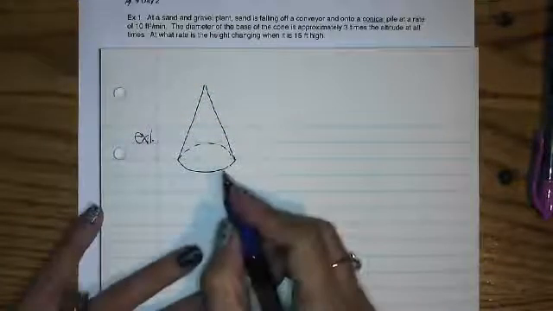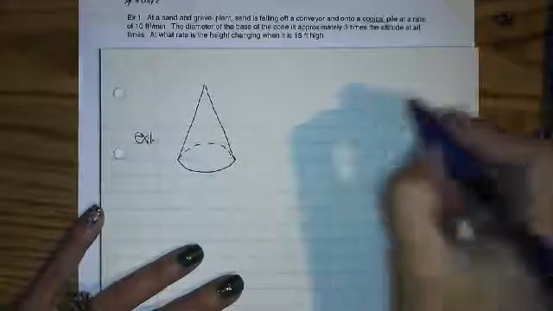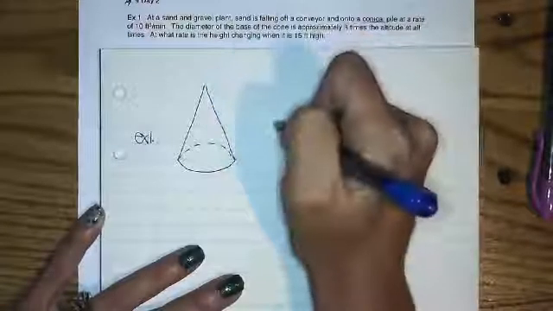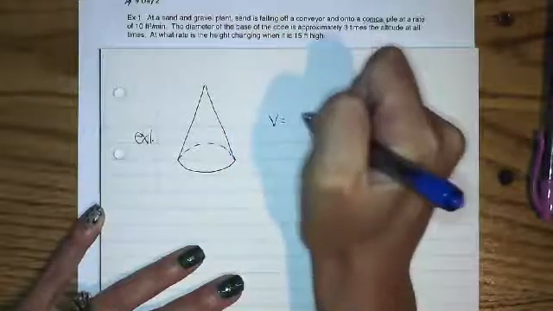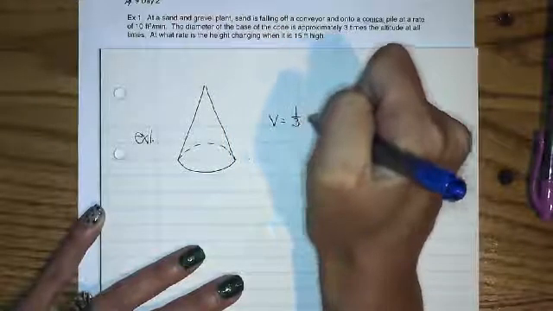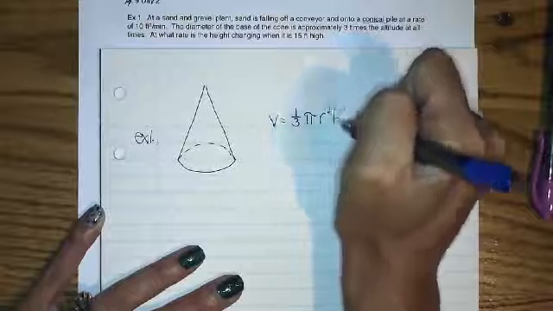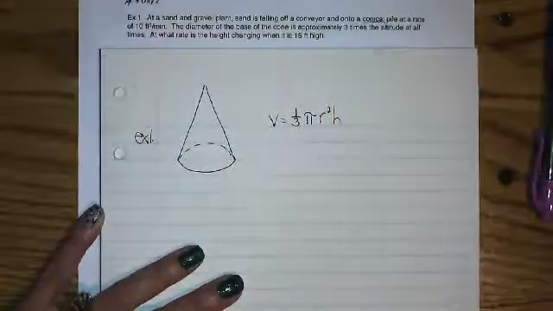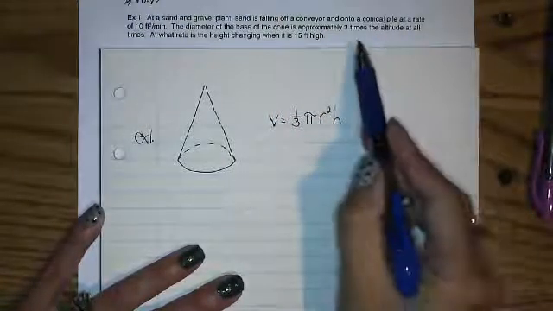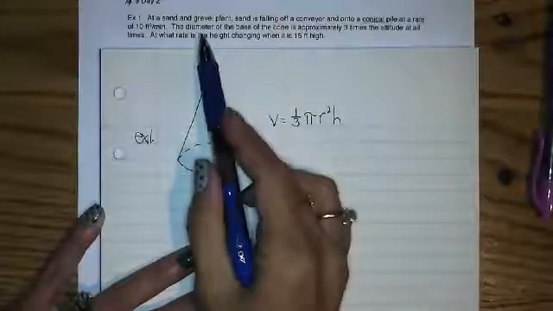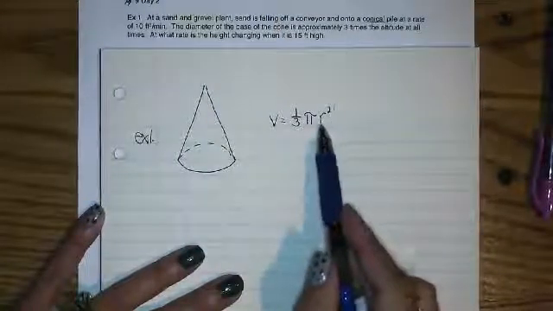So what we want is a volume equation for a cone, because they're giving me the rate of the volume. So volume of a cone is 1/3 pi r squared h. Now if you notice in the problem, they do give a relationship between the height and the diameter, which means we can eliminate one of these variables.